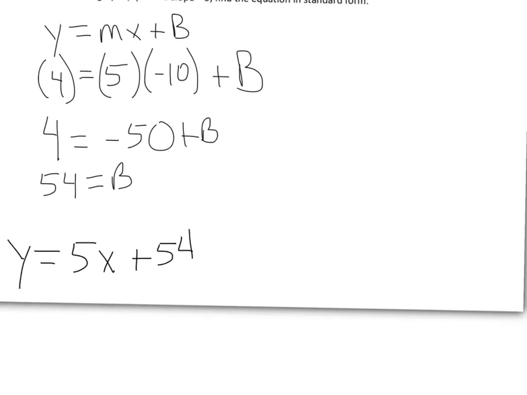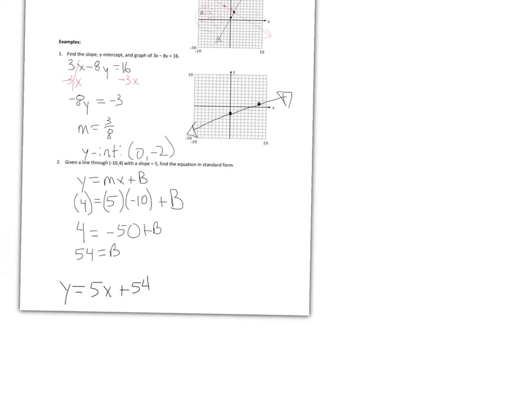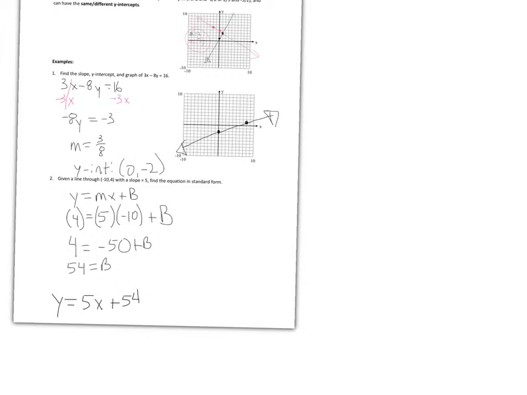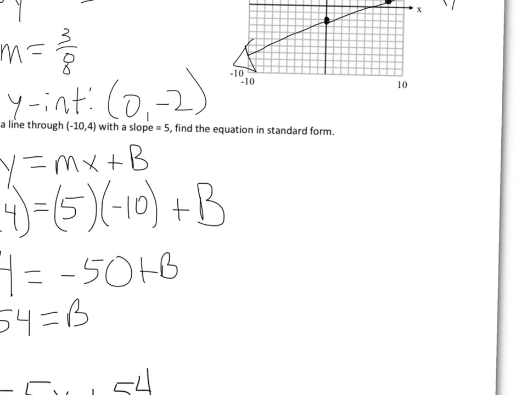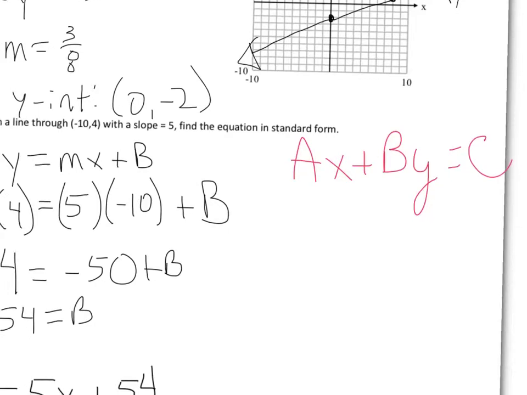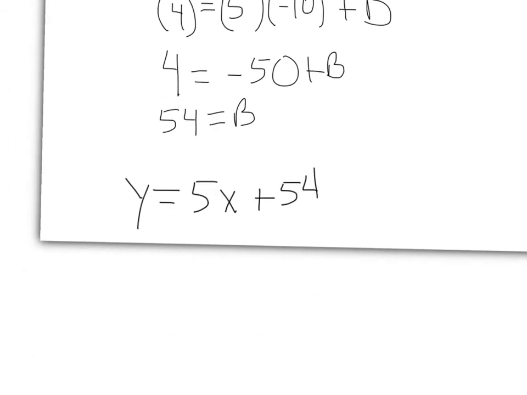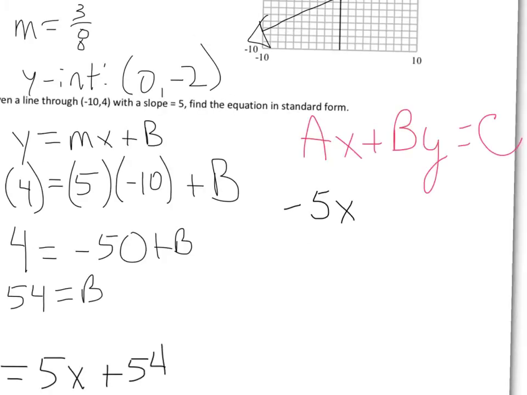Now that we have the slope-intercept form, we want to get into standard form. Standard form again is ax plus by equals c, where a, b, and c are integers. So we look back at our equation. What do we have to do here? The x term is the only term that is not in the right spot, so we have to move it to the other side, which would be subtracting 5x.